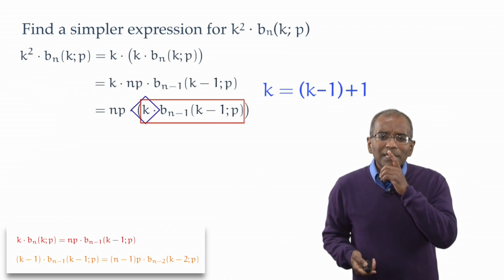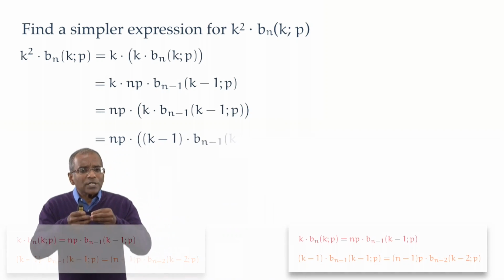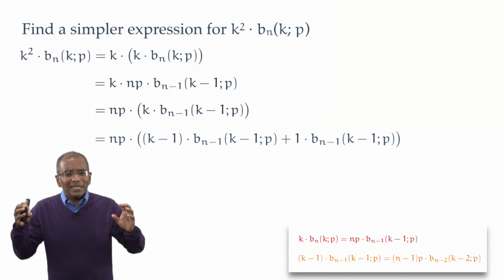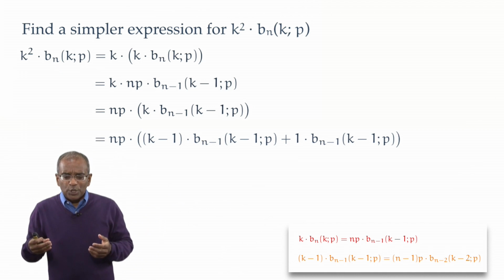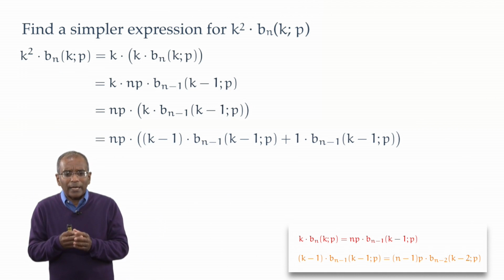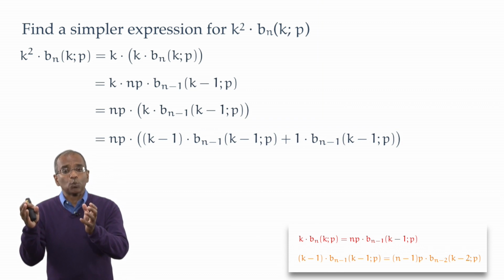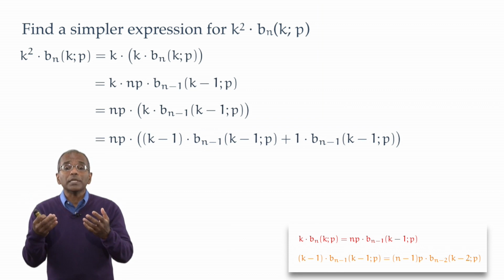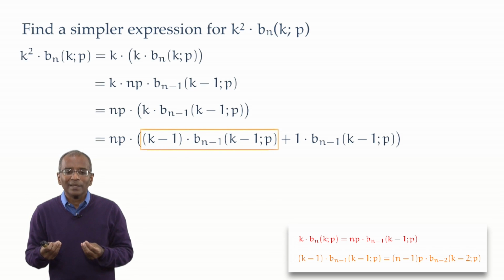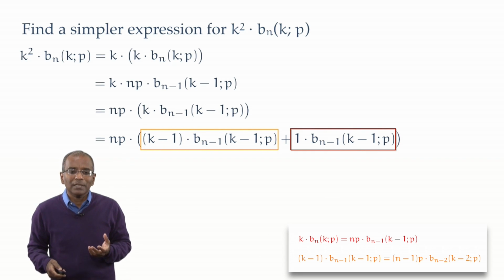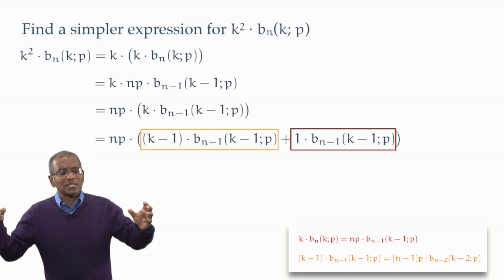Now, the moment I did that, our expression inside the round brackets expands a little bit, but it's beginning to look more formidable, to be sure. But here's the k. The first term inside the round brackets is of the form k minus 1 times a binomial probability involving n minus 1. And the second of the terms is just the binomial probability by itself. We are in business.